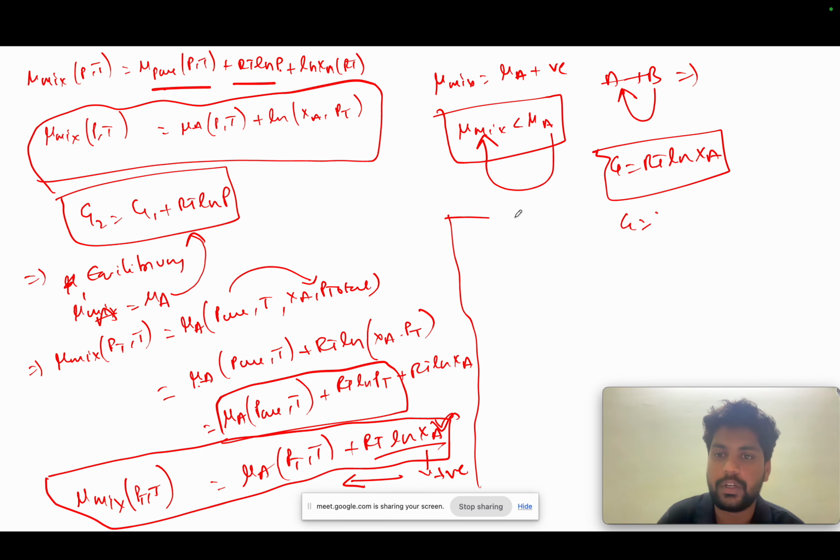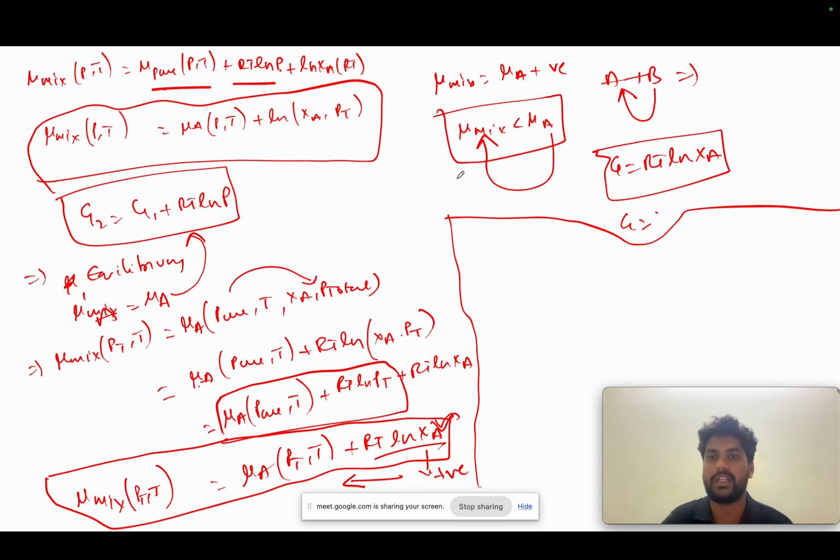I will share the drive. If you are interested in understanding this theorem, we can go through the module which I have given. If you do not understand, then I will explain it in the next class. Otherwise, if you have any doubts up to here, you can ask me. I will send you the proof of how G equals RT ln XA is coming. As of now, if you have any doubts, we can discuss.